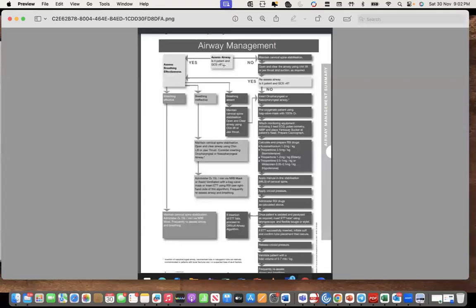If the GCS is more than 8, so this is the patient standing here. Breathing is ineffective or absent. What you want to do is maintain the C-spine, open the airway, or consider inserting an oropharyngeal or nasopharyngeal airway, and you have to administer the oxygen. You have to administer the oxygen because you have to secure the airway. Yes, that is the airway and ETT.